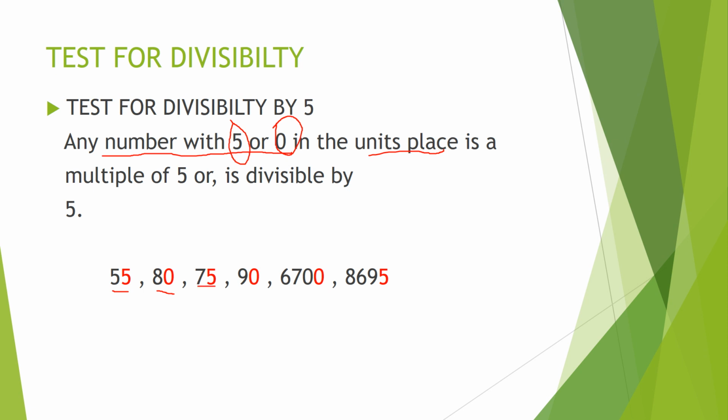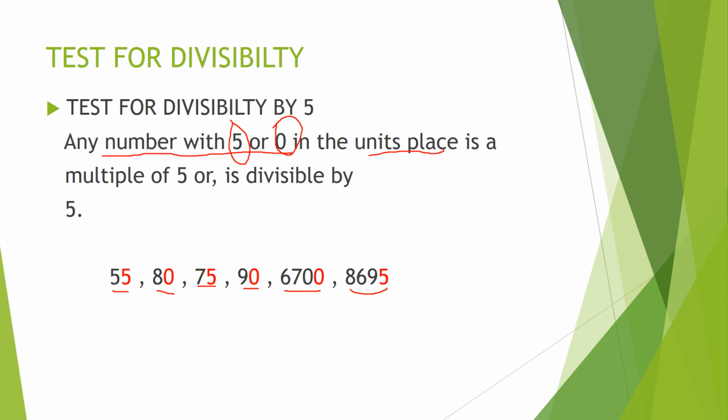So let's check out the examples: 55, 80, 75, 90, 6700 and 8695. Check out the units place. It's 5 in 55, it's 0 in 80, it's 5 in 75, it's 0 in 90, it's 0 in 6700, and in 8695 you have 5 in the units place.